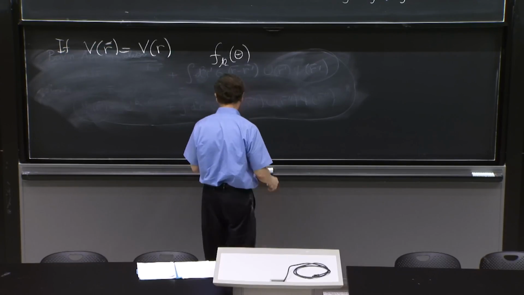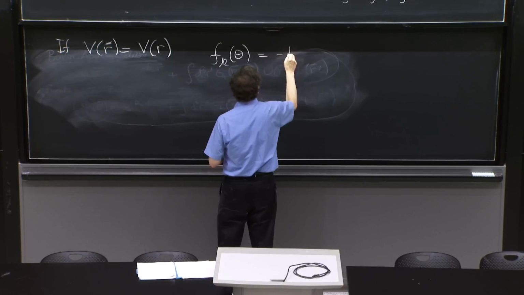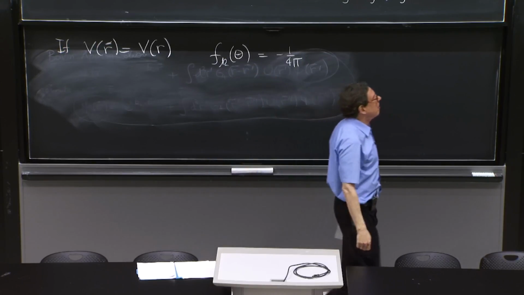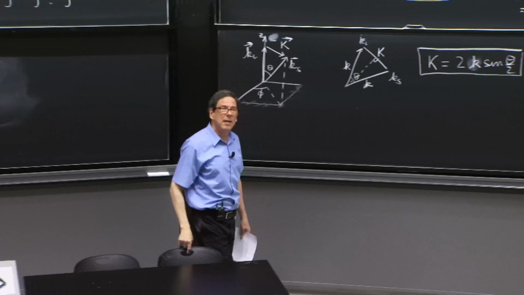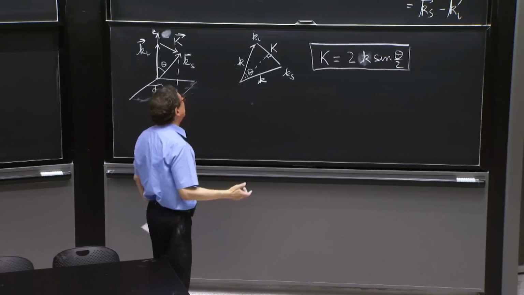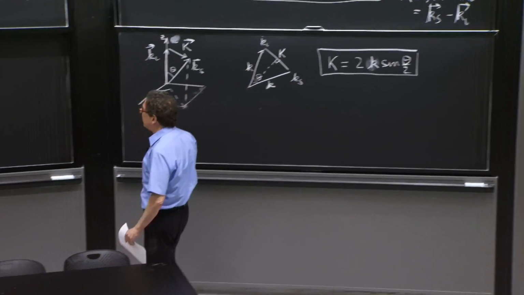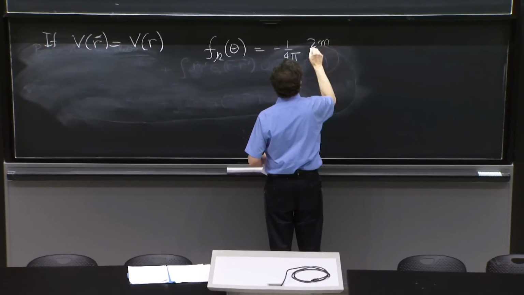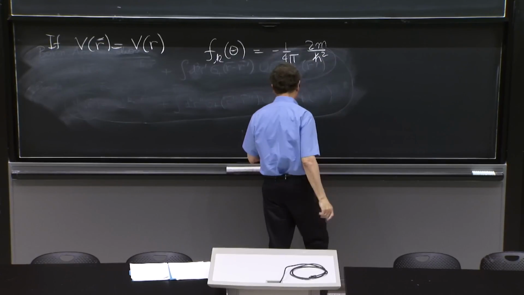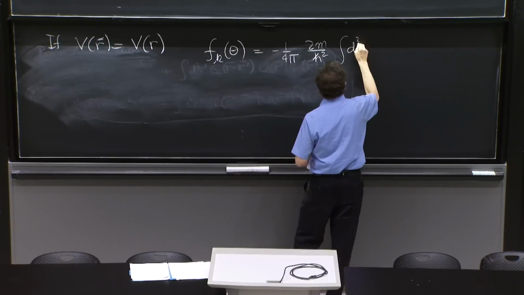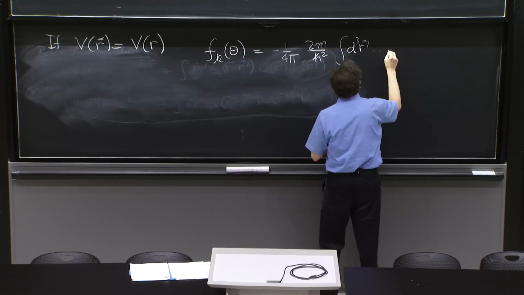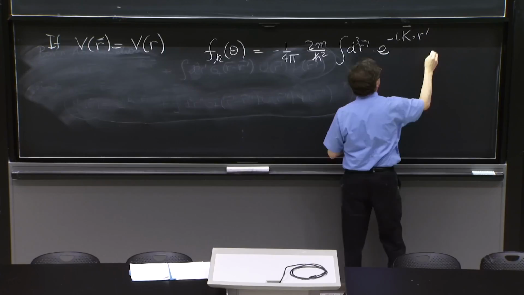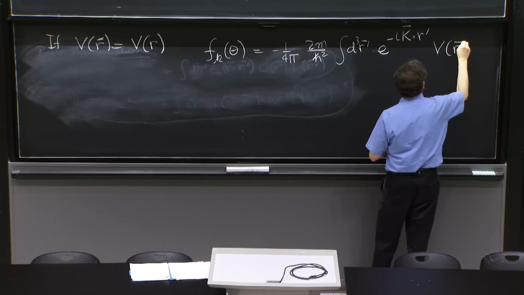We'll see if that is true, minus 1 over 4 pi. Now, this u there, remember this u was just a scaling of v in order to make the Schrödinger equation look simple. So that involves a factor of 2m over h bar squared. You still have the integral d cube r prime, e to the minus i k dot r prime, v of r prime.